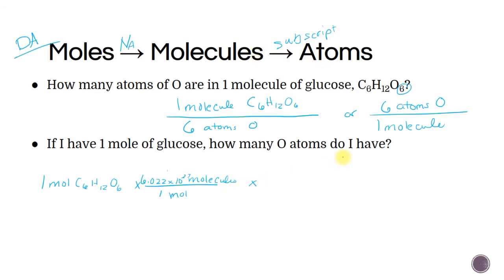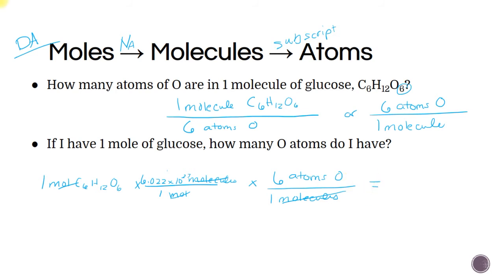Well, I want to get to how many oxygen atoms there are, so I want to put molecules on the bottom here. I'm going to pick that conversion factor that's on the right. And this way, molecules is going to cancel. Molecules cancels, moles canceled here, so we're left with only the unit atoms of oxygen.